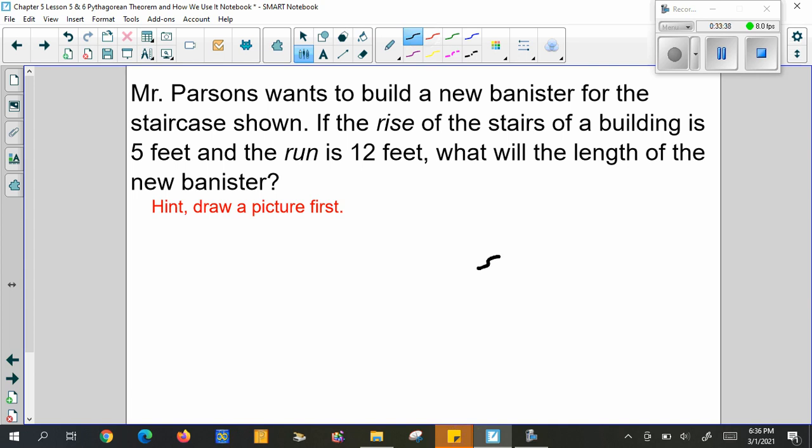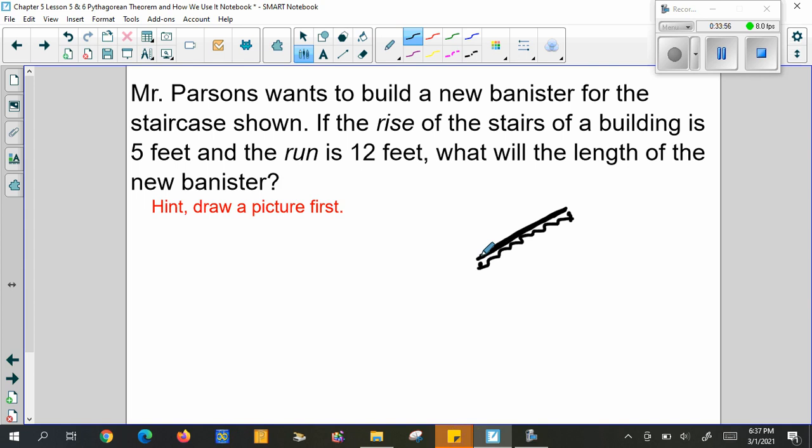If you have stairs, we're talking then about like the fancy railing when it comes to the stairs.